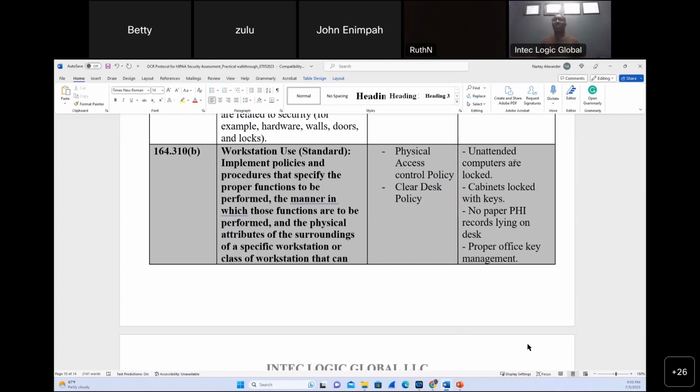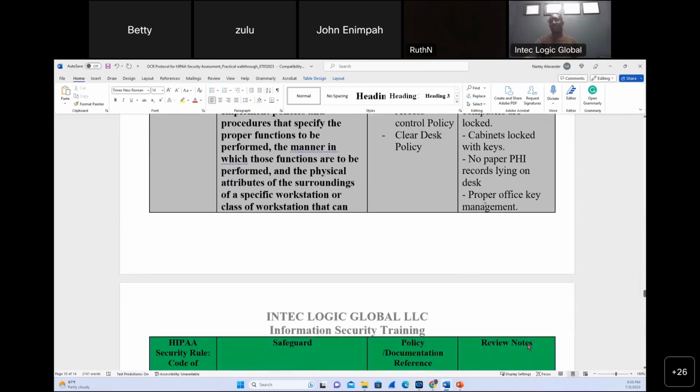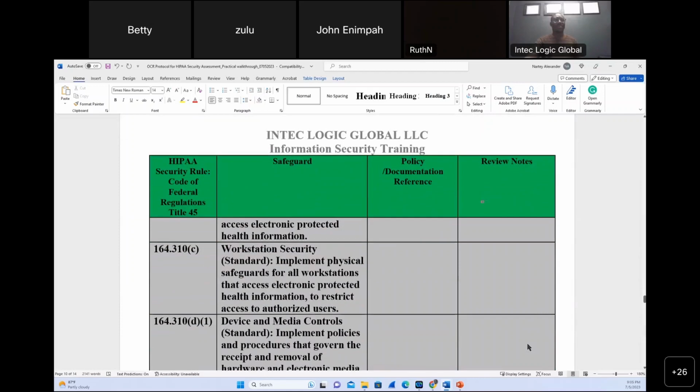If somebody has to have access to a particular room with PHI, who authorizes people to have that key to go in there? Nobody can just walk into such a room, right? So there has to be proper key management. Those are some of the things that should happen within the workstation.